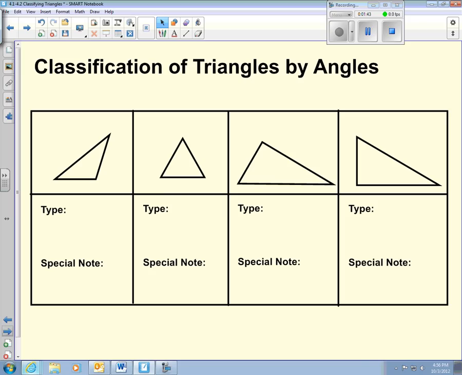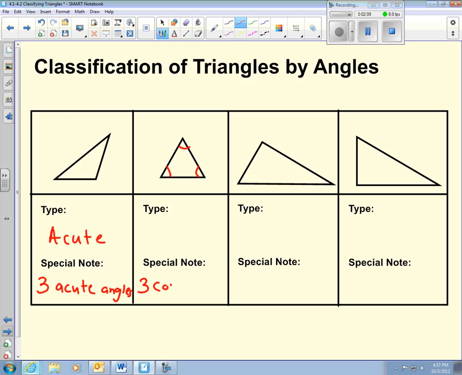Next, let's get into classification of our triangles by angles. If we look at our first triangle we have here, all of those angles we notice are acute. So we call this an acute triangle, and it has 3 acute angles. If we look at our next triangle, and if I fill these in here for you, you remember that those mean congruent, then this one has 3 congruent angles.